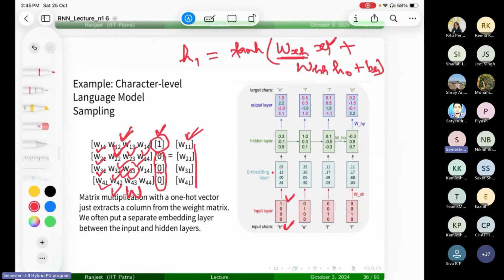But this is not happening in this case. Every value of the W matrix is not getting attention. Why? Because of your input, because your input is a sparse vector. In the input, most of the values are 0, and that's the problem.